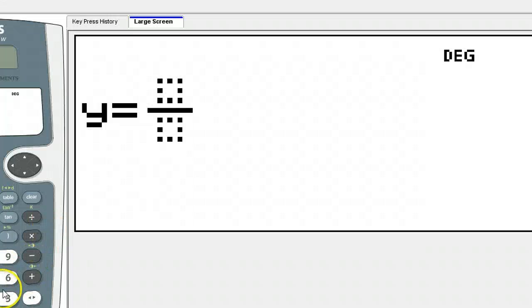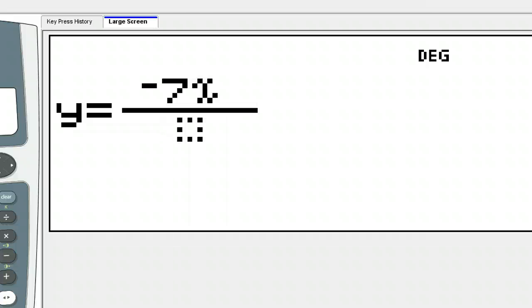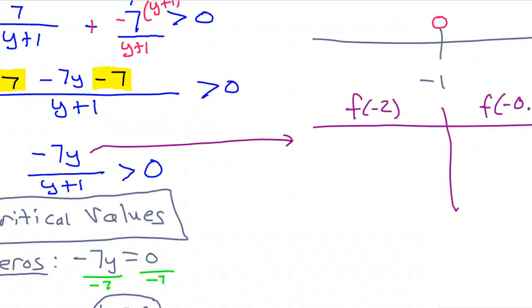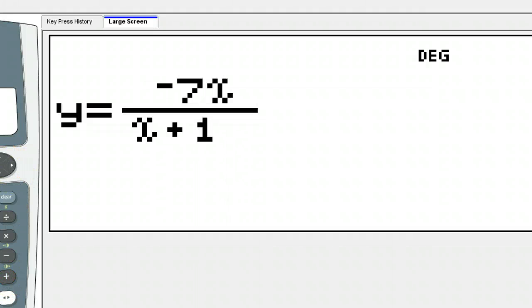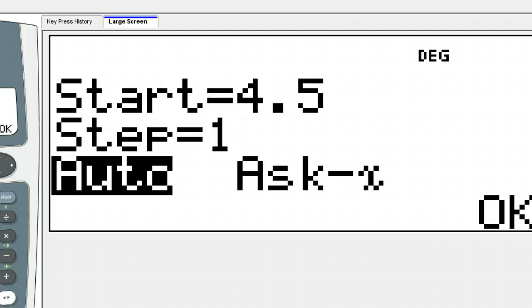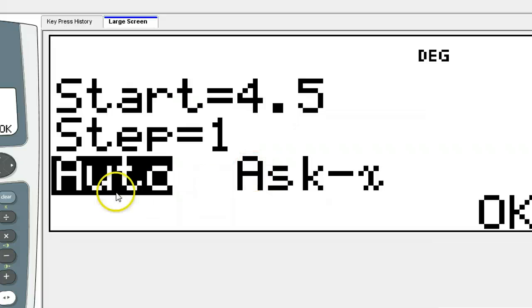Negative 7y. Okay, so negative 7. Well, we've only got x's, so we'll have to make do. Over y plus 1. So that'll be over x plus 1. Okay, enter. Now we want to know what's going on at negative 2. So let's start at negative 2.